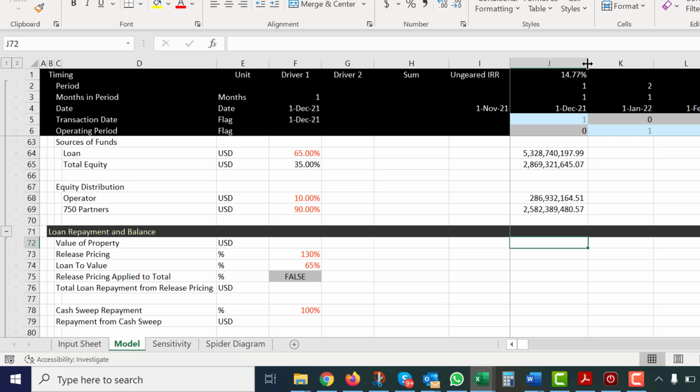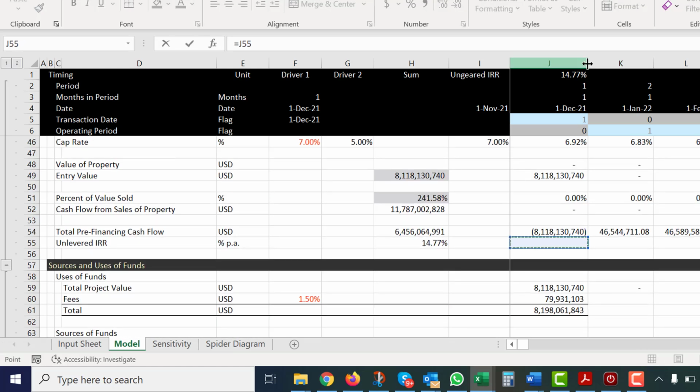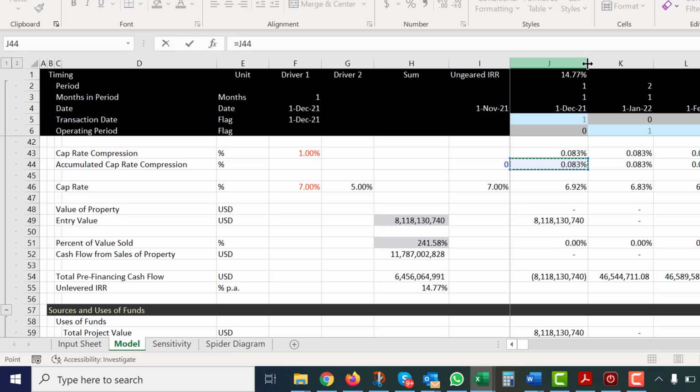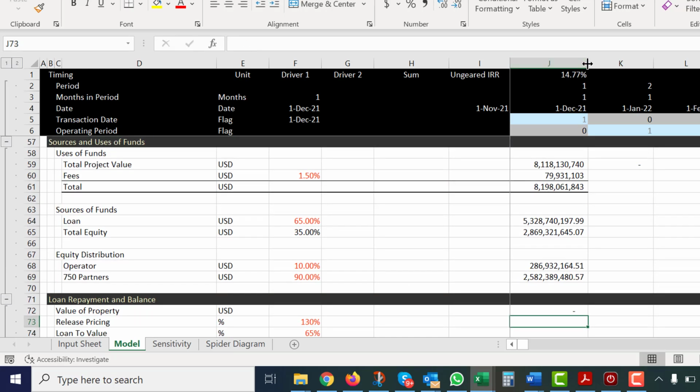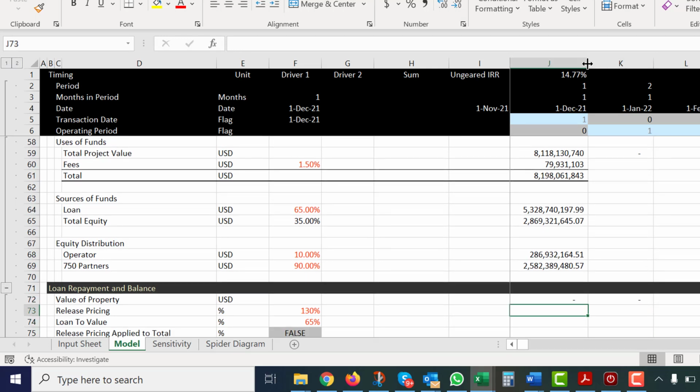Now, let's get the value of our property, which we happen to have up here when we computed the cap rate. I'm not sure exactly how this release pricing works, so if somebody is nice enough, which they probably won't be, to tell me what I should do, please do.